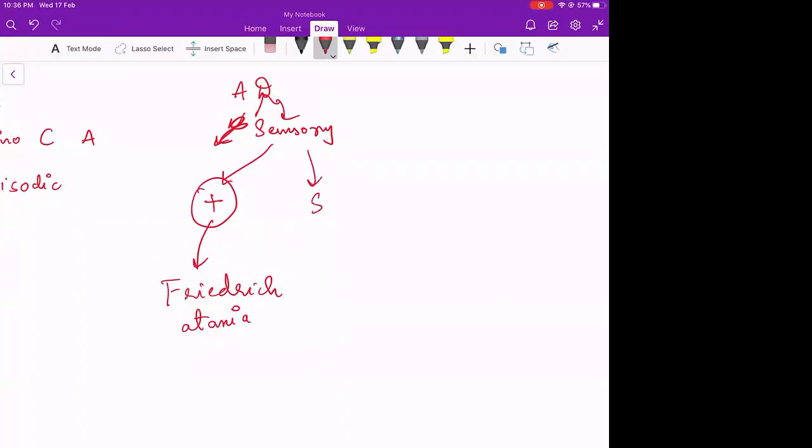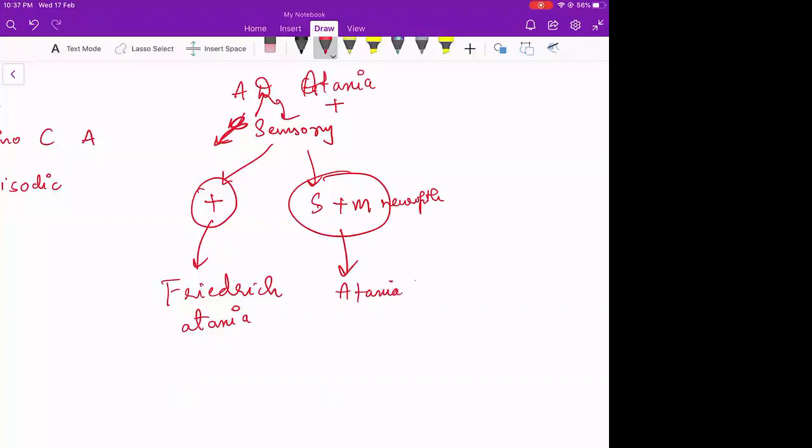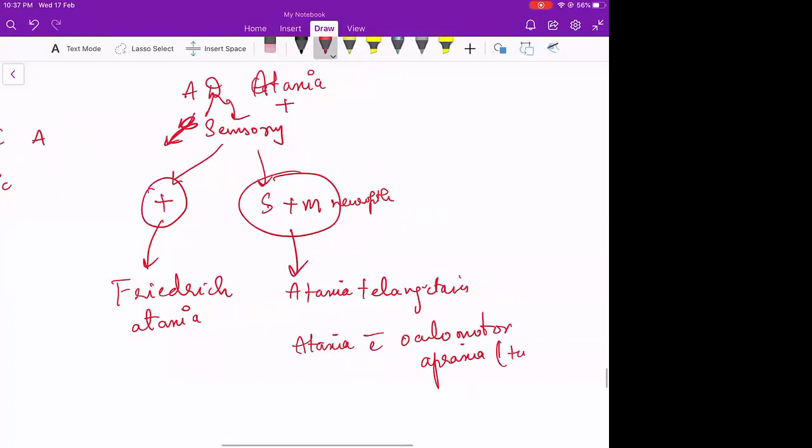If the patient is having sensory plus motor symptoms, that is, ataxia with sensory and motor neuronopathy, then under this ataxia telangiectasia comes, and ataxia with oculomotor apraxia comes. It is further classified into type 1 and type 2.